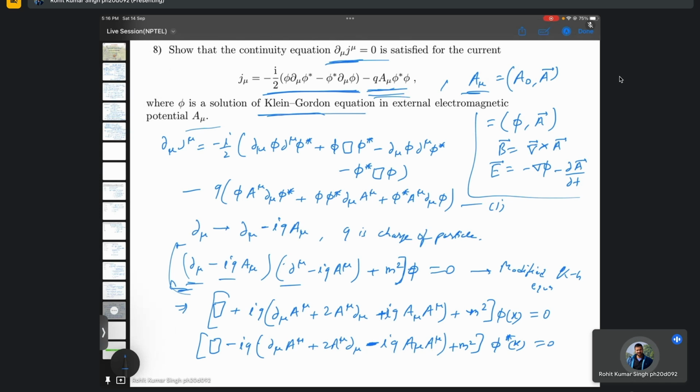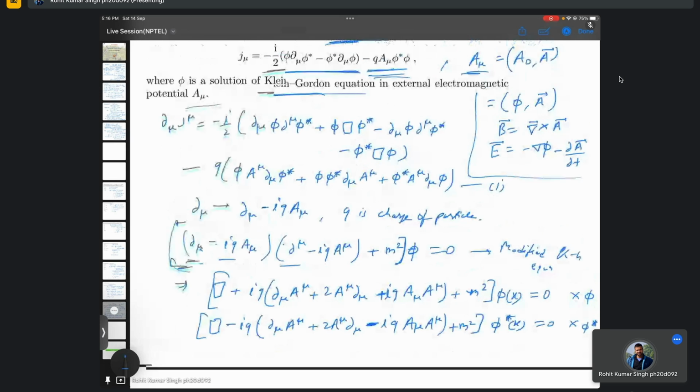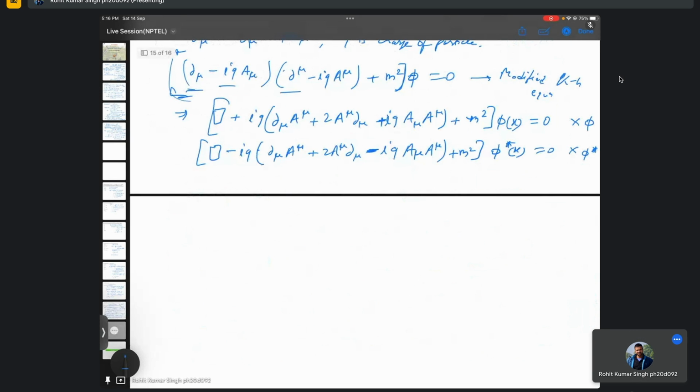And again we do the same thing as we did before. We multiply it with phi and this one with phi star, and we subtract the both. So subtracting, what we get is this thing.